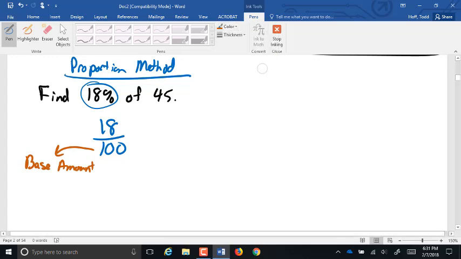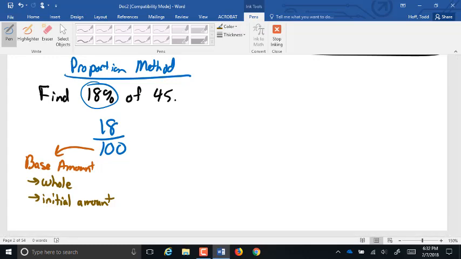A base amount is either the whole thing, the whole amount, or it can be thought of as a starting or initial amount. That is the amount, though, that the calculation is based off of. That's why it's called a base.